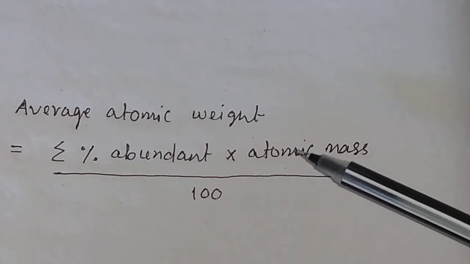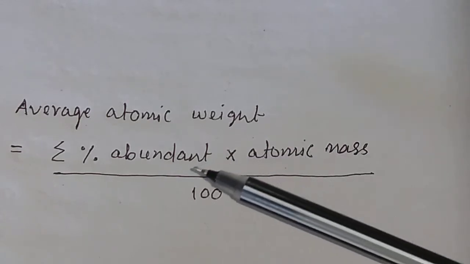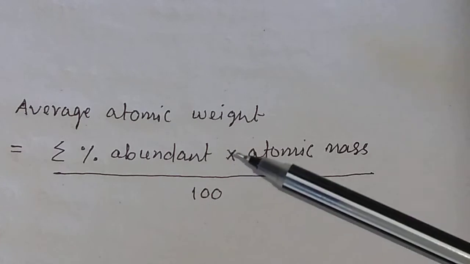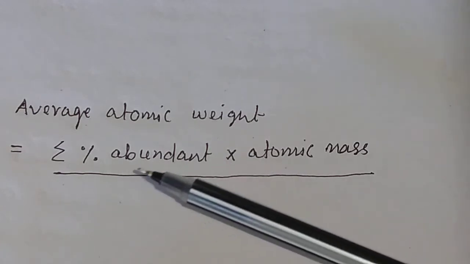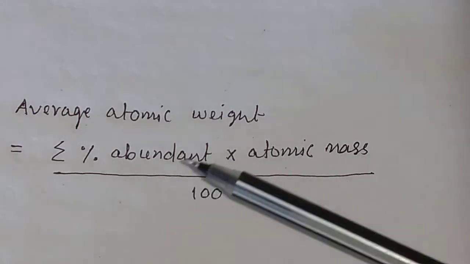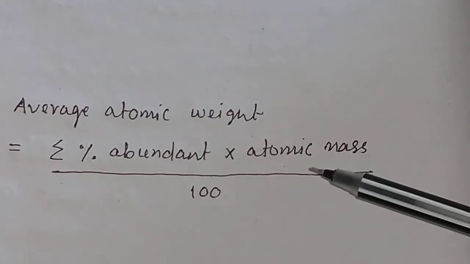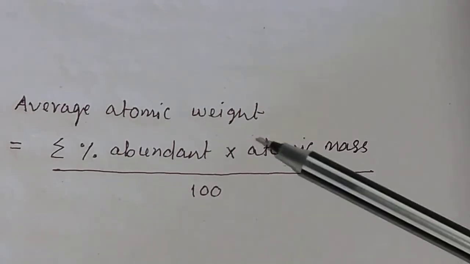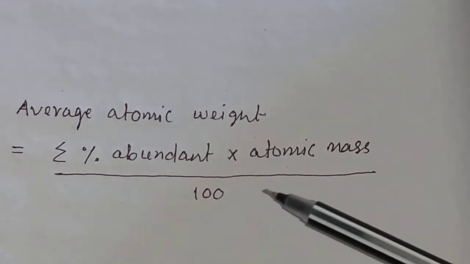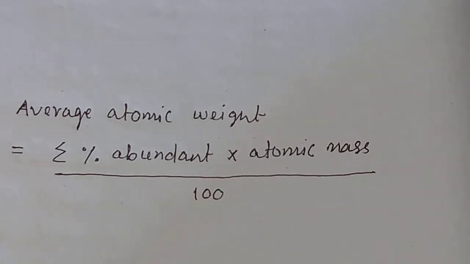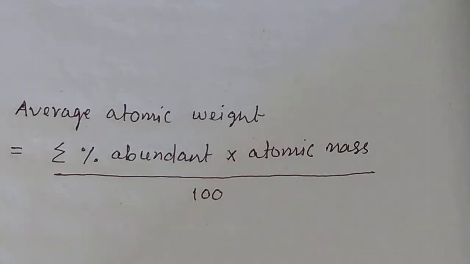We generally get different isotopes with different percentage abundance, and we add these. This is called the weighted average of masses.